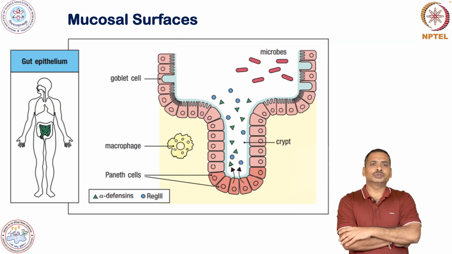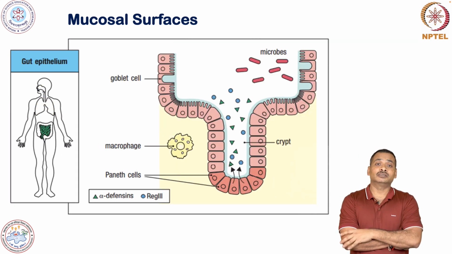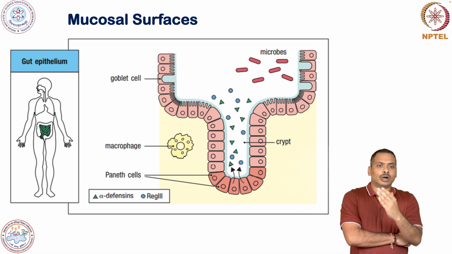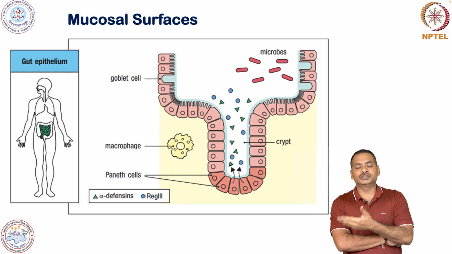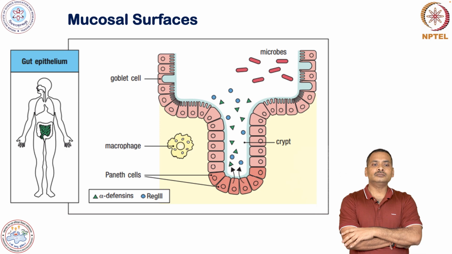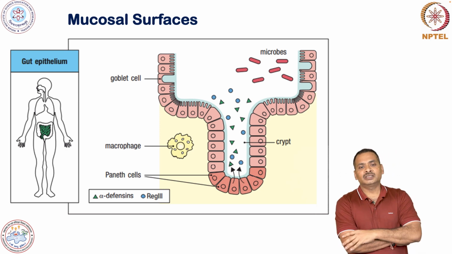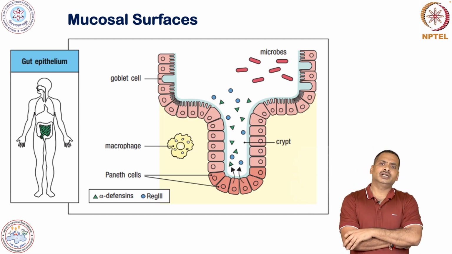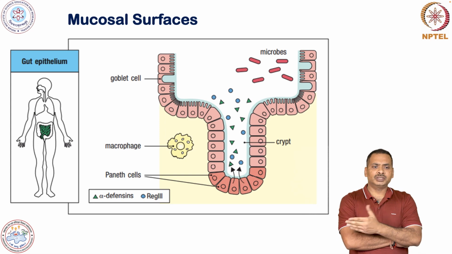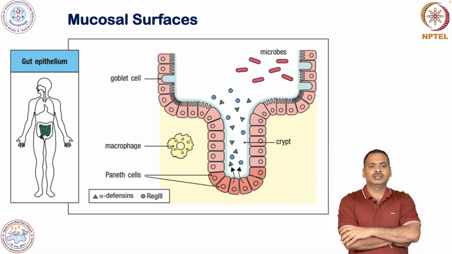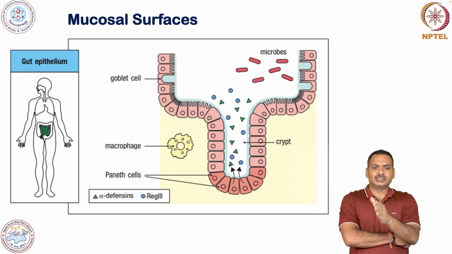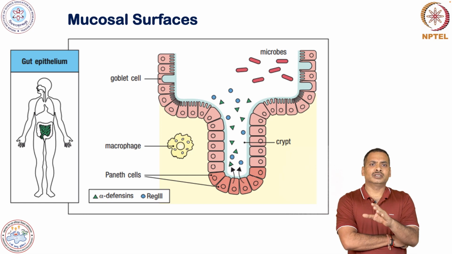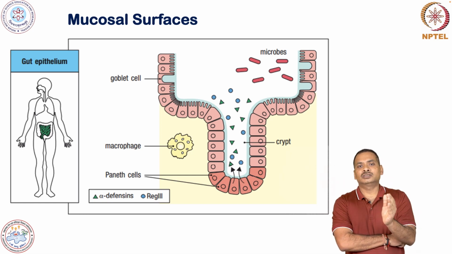Now I will show you the mucosal surfaces in the gut, which is a quite huge area. Here also you can see there are goblet cells, which produce mucus. There is a Paneth cell, and these Paneth cells basically produce a variety of antimicrobial peptides or proteins like alpha defensin. And there is a crypt, and this mucus keeps on moving, so the microbe cannot attach.